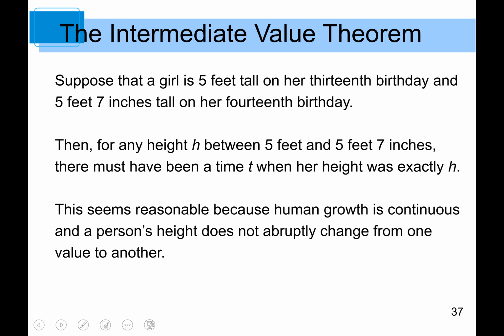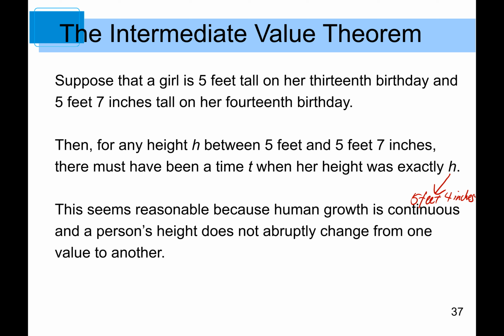Suppose that a girl is 5 feet tall on her 13th birthday, and then 5 feet 7 inches tall on her 14th birthday. Then for any height between 5 feet and 5 feet 7 inches, there must have been a time t where her height was exactly, let's say, 5 feet 4 inches.